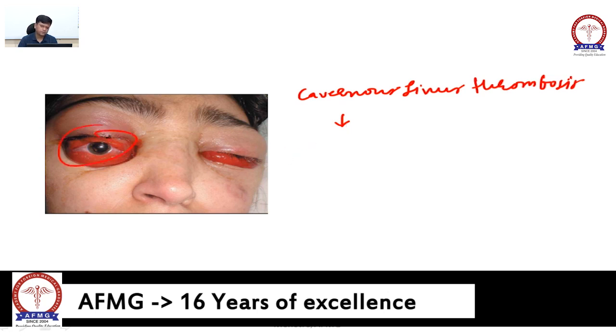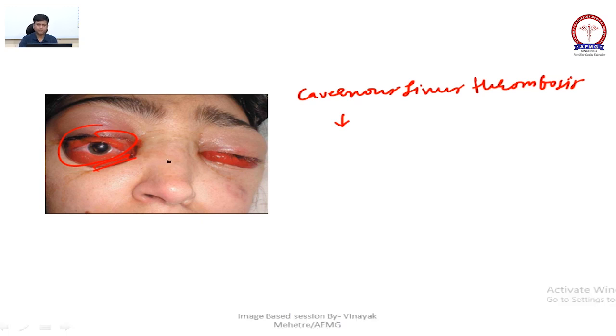Proptosis, redness, chemosis, and extraocular muscle paralysis will be seen in cavernous sinus thrombosis, a thrombus in the cavernous sinus.